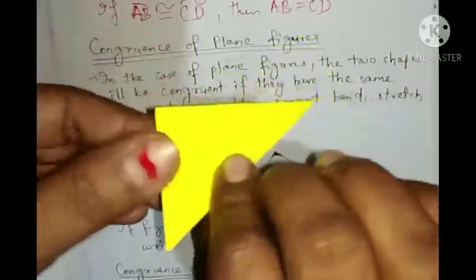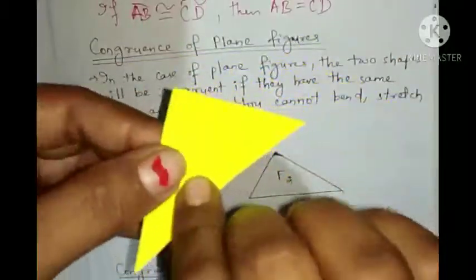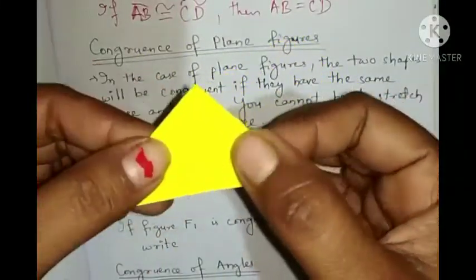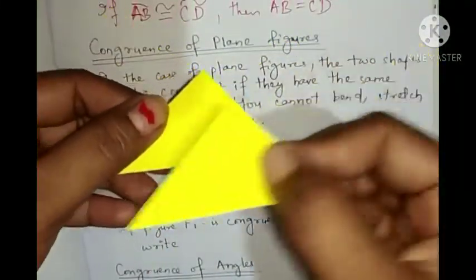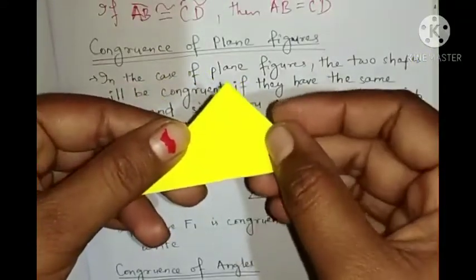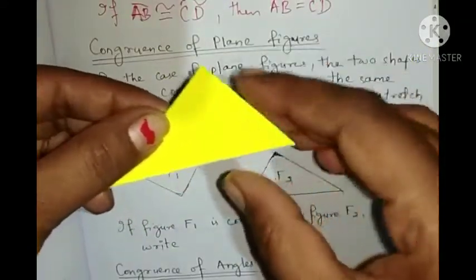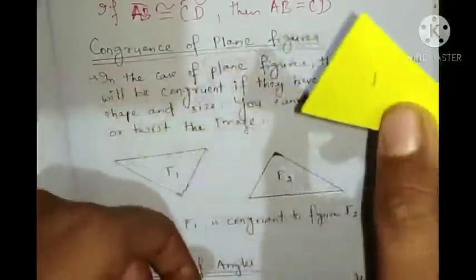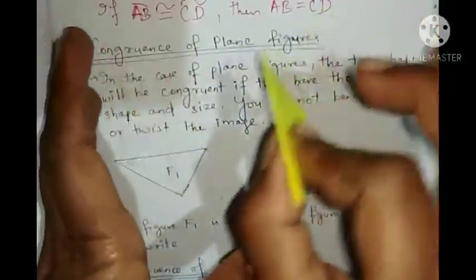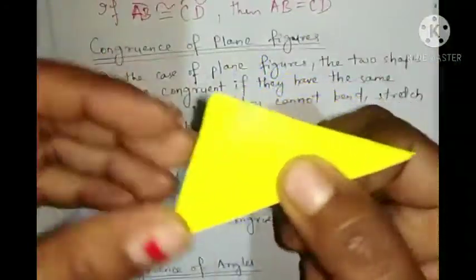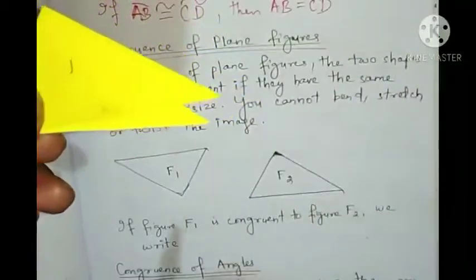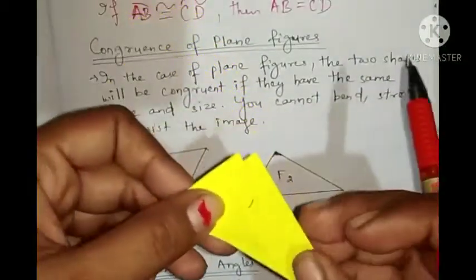If you turn it everywhere, it looks like one shape, but these are two shapes. If you keep one figure on the other, they will fit each other. That's why, without bending, without stretching and without twisting, we can know that these two figures are congruent.